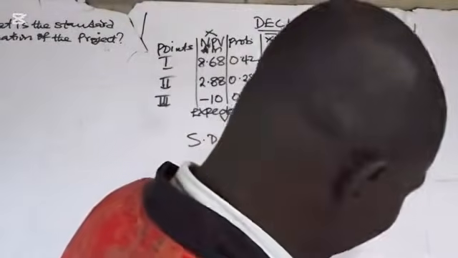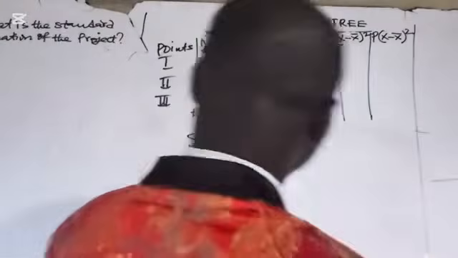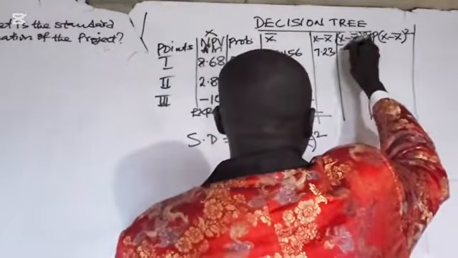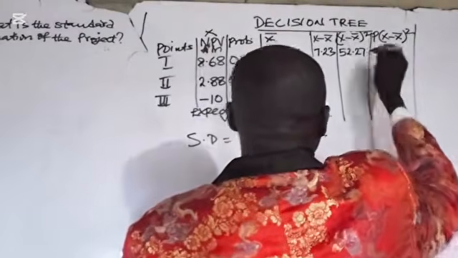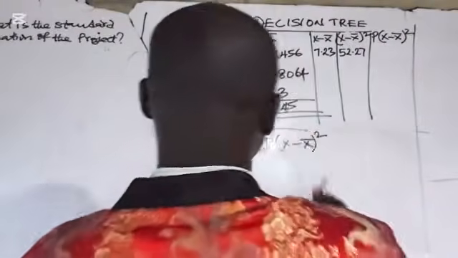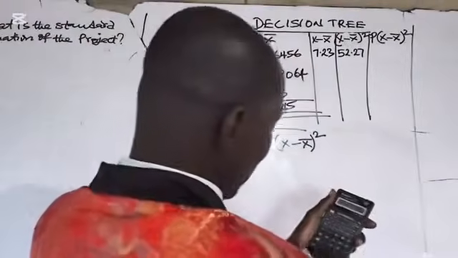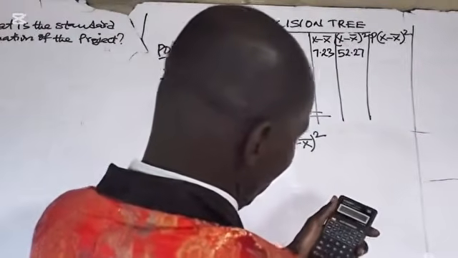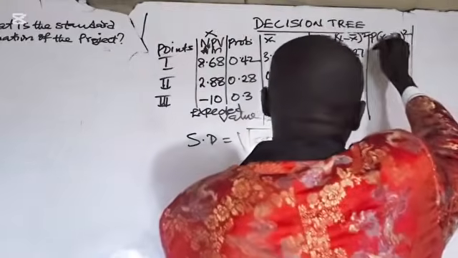If you square it, that gives us 52.27. If you multiply that by the probability of 0.42, that gives us 21.95.